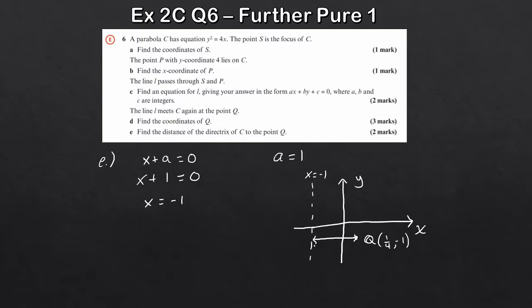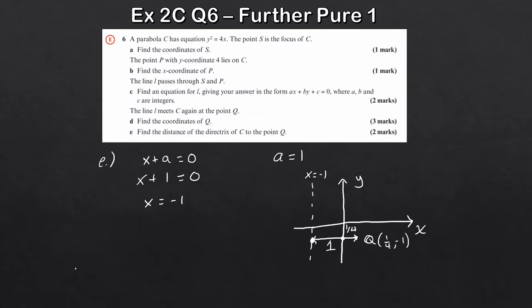So how would we do this? Well, consider this is the line x equals minus 1. To get from this line to the y-axis, that's just a distance of 1. And then to get from the y-axis to Q, that's just a distance of a quarter. So to get the total distance, all we have to do is add these together.